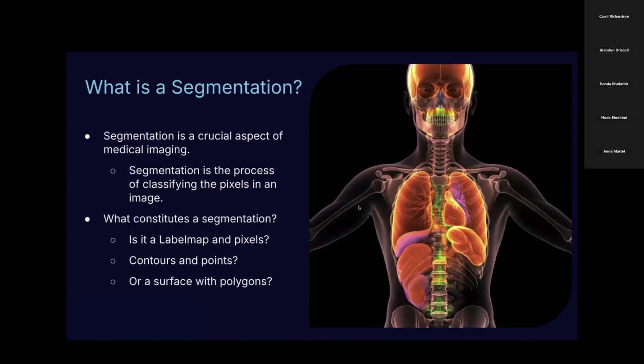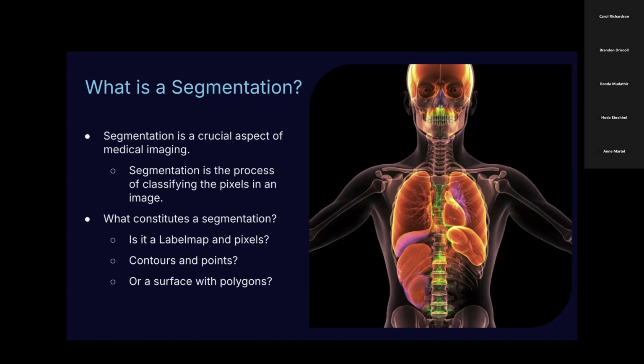So basically, when we're thinking about segmentation, usually our mind goes through the definition that it's basically classifying pixels in an image, whether it's organs, tumors, or other anatomical regions. But the main question that should be asked is what actually constitutes the segmentation.